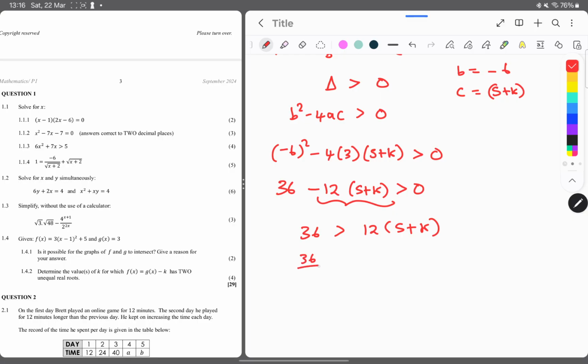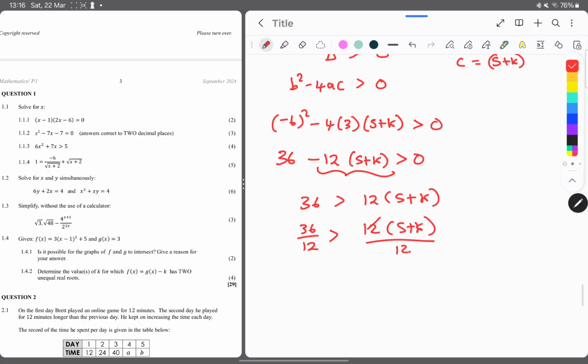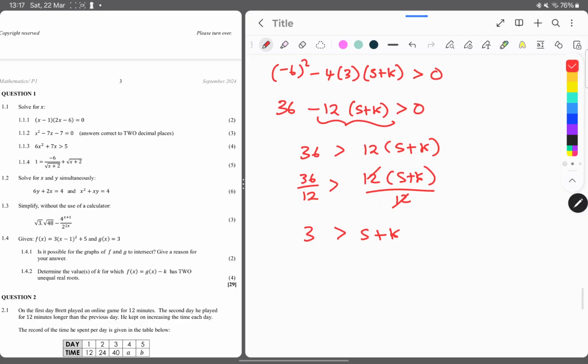So therefore, 36 divided by 12 is greater than 12(5 plus k) divided by 12. 12 cancels 12, and 36 divided by 12 is 3, which is greater than 5 plus k. Therefore, 5 goes the other way: 3 minus 5 must be less than k, so minus 2 is greater than k.